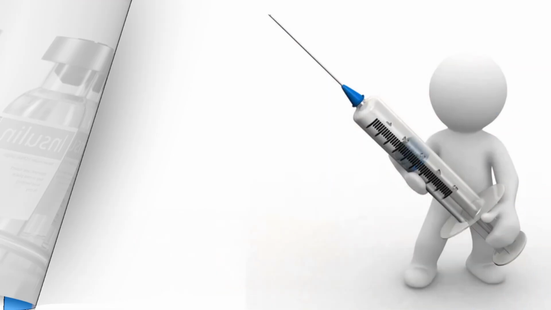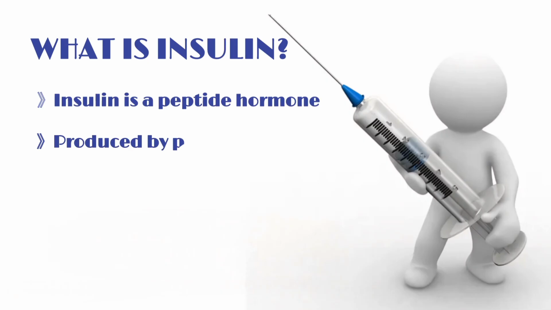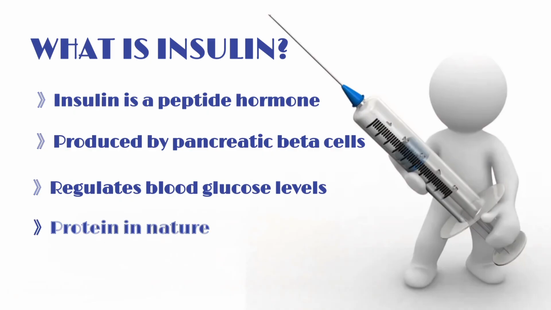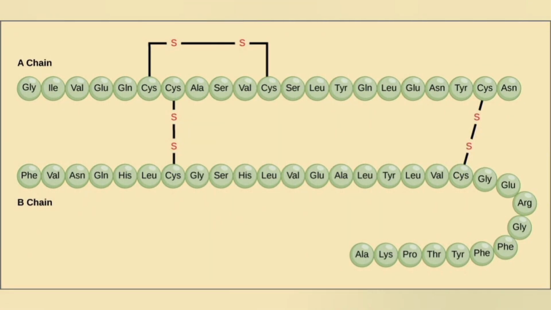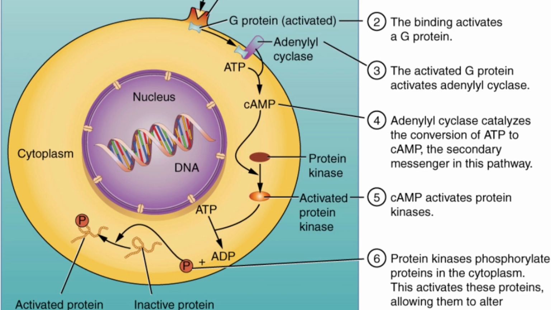Insulin is a peptide hormone produced by the beta cells of the pancreas. Chemically, insulin is a protein composed of amino acids arranged in two peptide chains linked by disulfide bonds. Its main function is to regulate blood glucose levels by promoting glucose uptake into the cells and inhibiting glucose production in the liver.